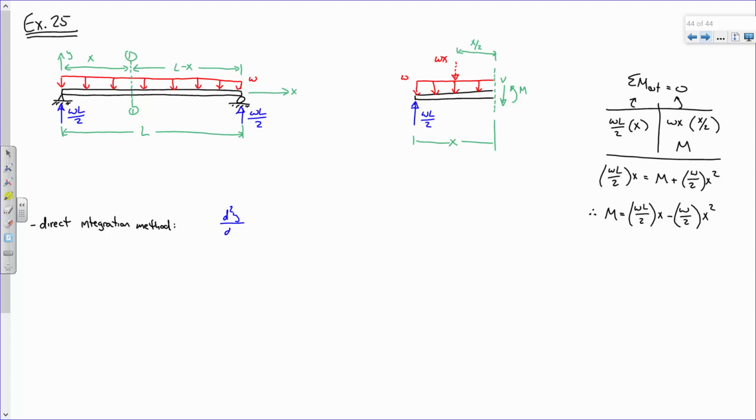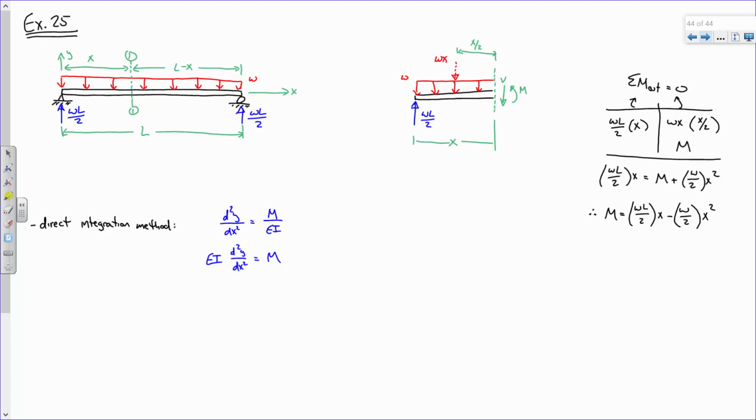We have the second derivative is M over EI. Or if I want to rewrite this, I might say EI times the second derivative is M. Okay? You okay with that?